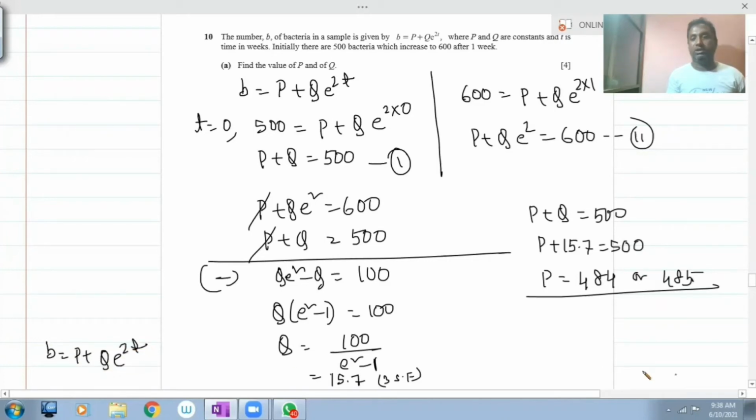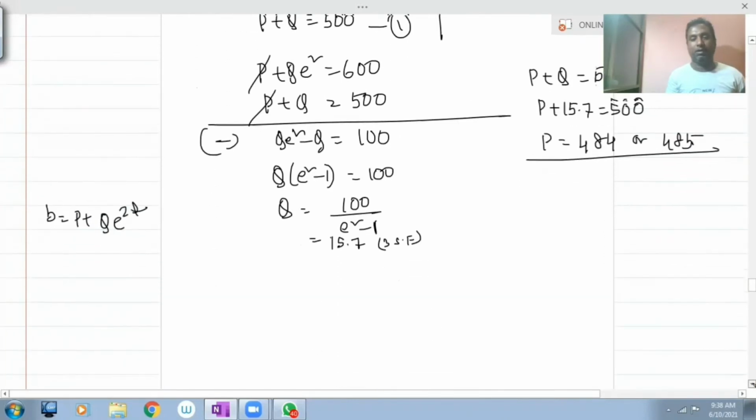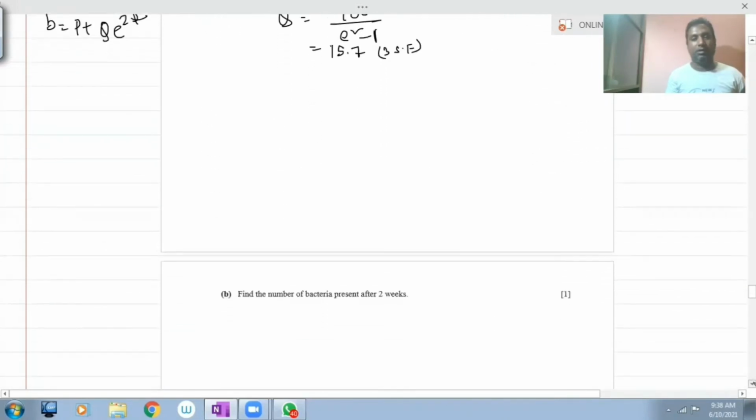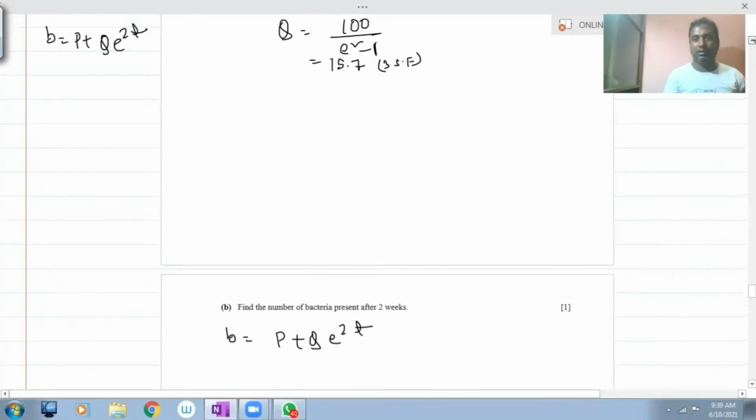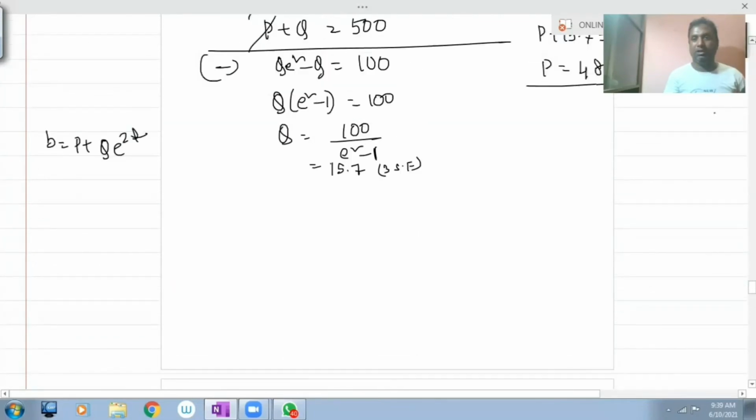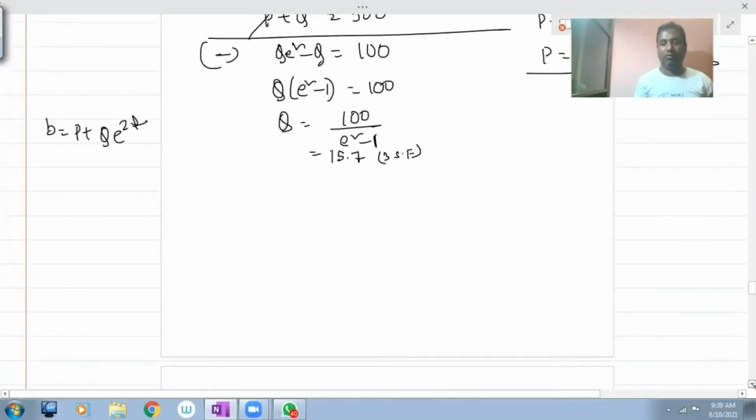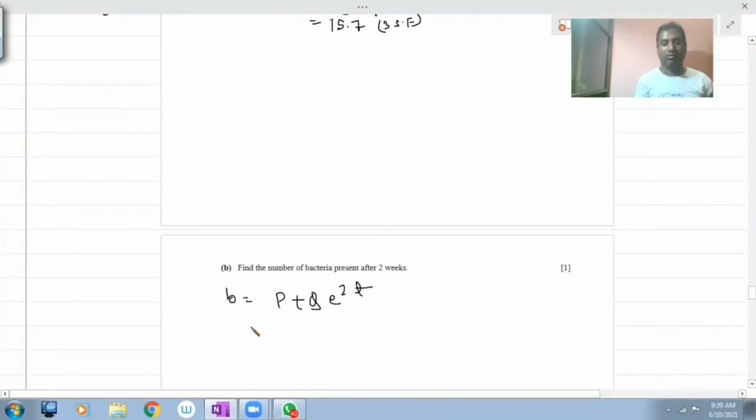Now let us see what is given in question B. It says, find the number of bacteria present in 2 weeks. So B is P plus Q e to the power 2t. Already we have Q as 15.7 and P's value as 484 or 485, but we will use the values rounded before.